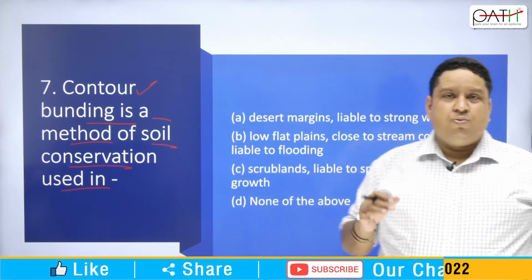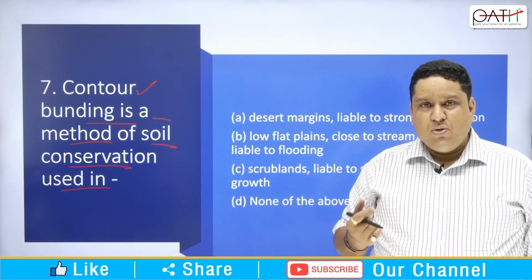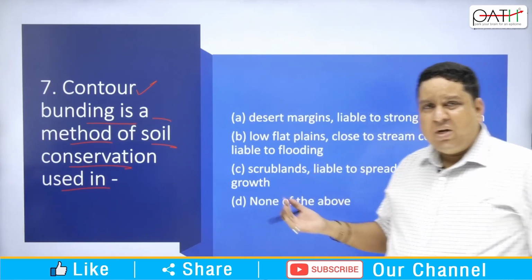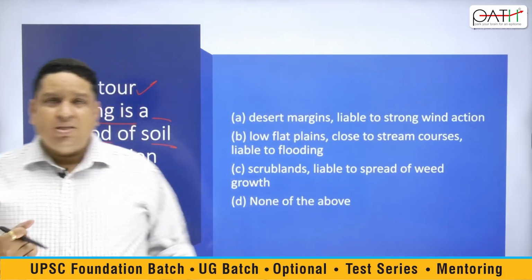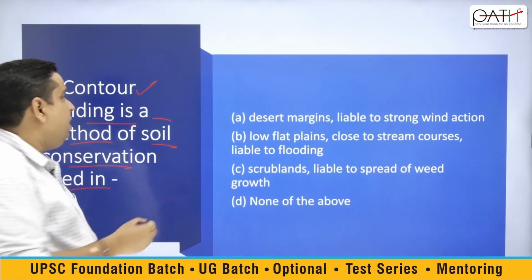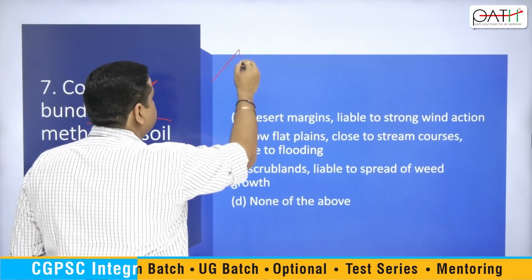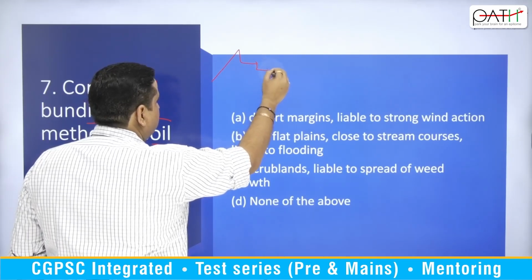In soil conservation, there are certain types of methods which are used, like shelter belt, and mulching process. One process is contour bunding. So here what will happen, like this is the mountain slope, and these are the terraces.